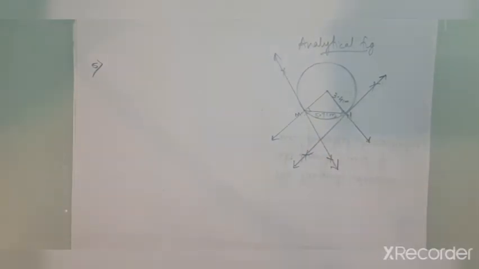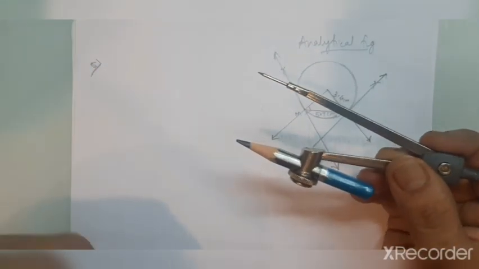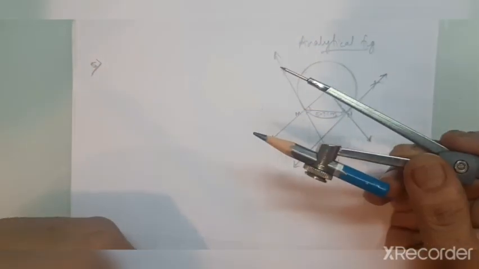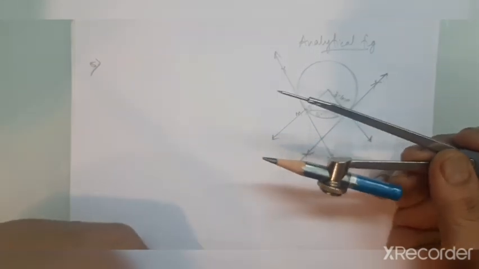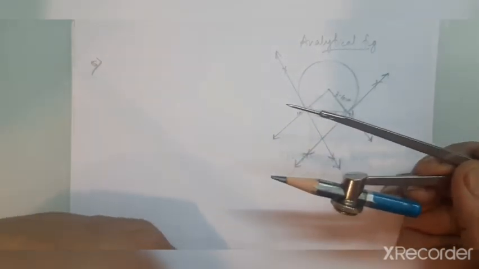So the first thing we are going to do is draw a circle. For that we need a compass, and the distance we need to take in the compass is the radius, so it is 3.4. Let me mark it.